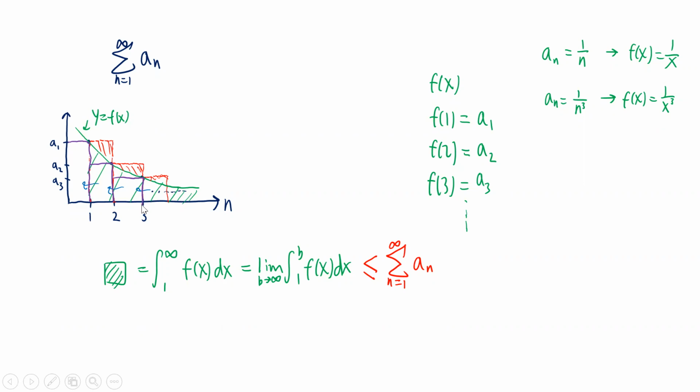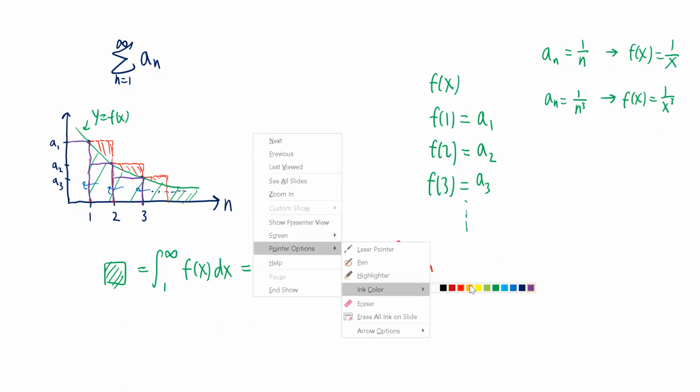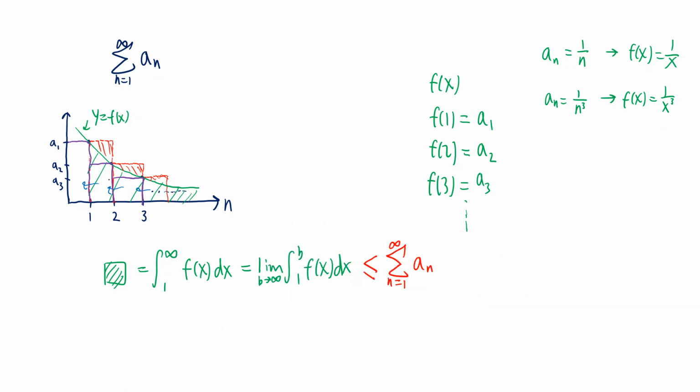You can see that the sum of all these purple rectangles will actually be smaller than the area under the curve. But since I shifted all the rectangles by 1 unit to the left, this time the rectangle touches 0, instead of starting from 1.